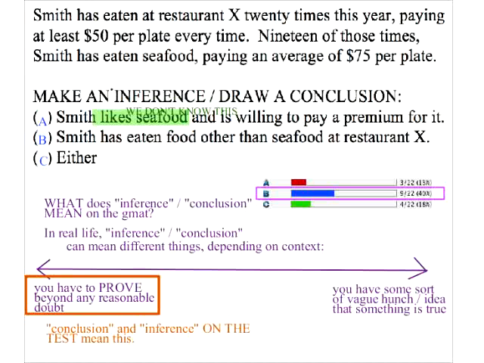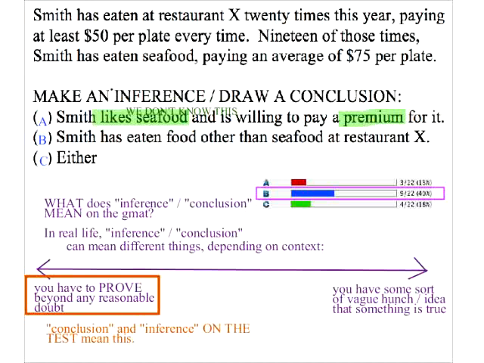And then the other problem with premium is the same thing, because premium means more than Smith pays for other things. Premium is not just a high price. Premium is more than others. So we don't know this either, because we don't know how much Smith pays for other food. I mean, it's over 50 on average.